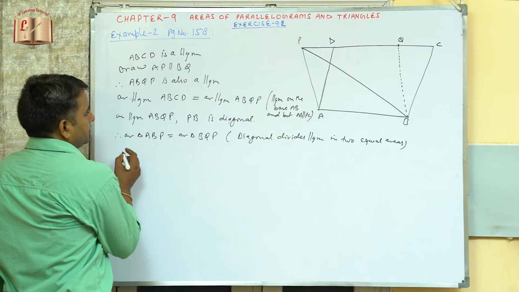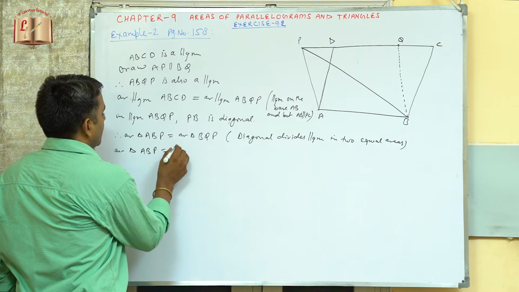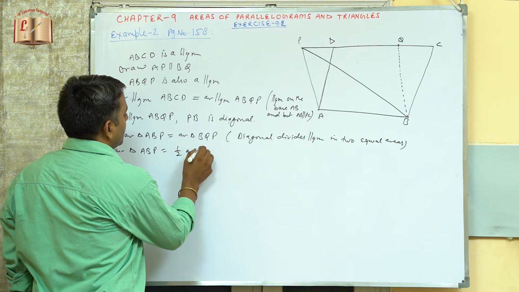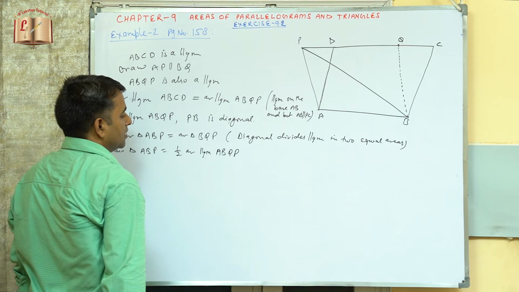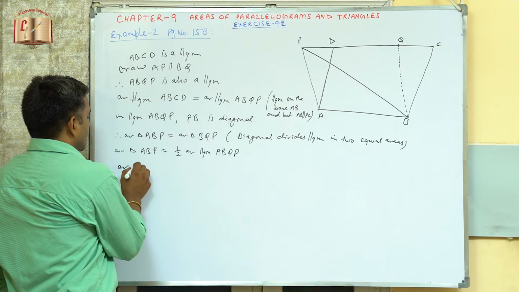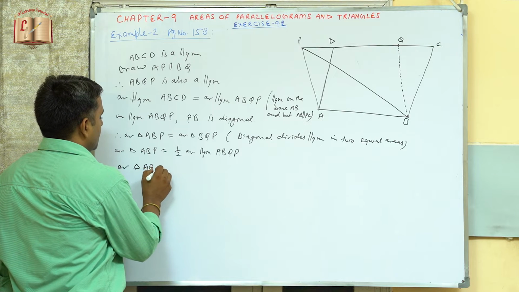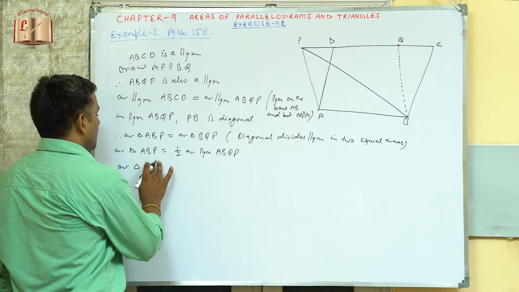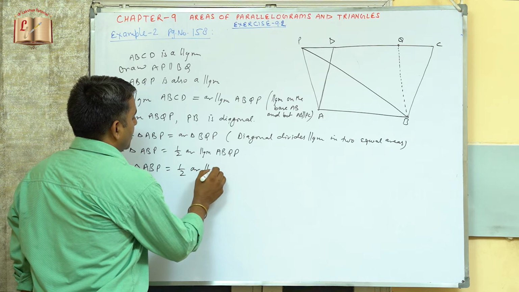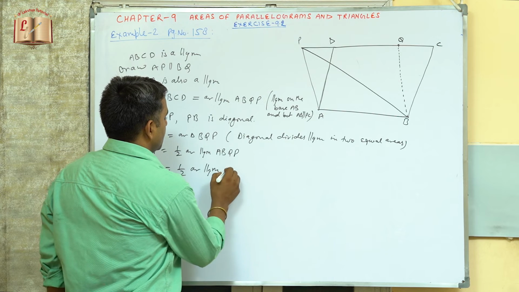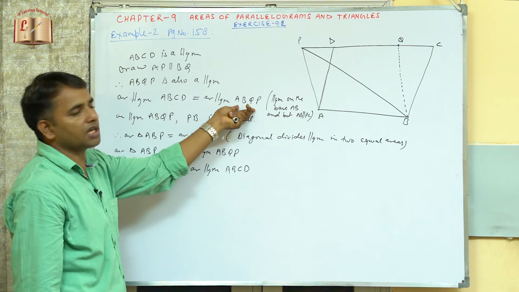Now we can write the area of triangle ABP will be equal to half of the area of parallelogram ABQP. Similarly, I can write the area of triangle ABP is equal to half of the area of parallelogram ABCD, because the area of parallelogram ABCD is equal to ABQP.